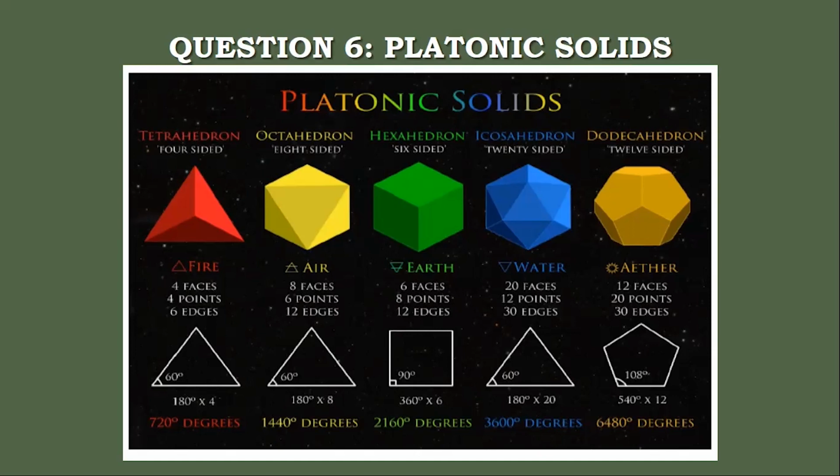They are 108 degrees, and all the sides are the same length. So I think when you look at those, these are the Platonic solids. The question in question 6 is, which description does not fit the description of a Platonic solid? That will be quite easy for you to answer now.